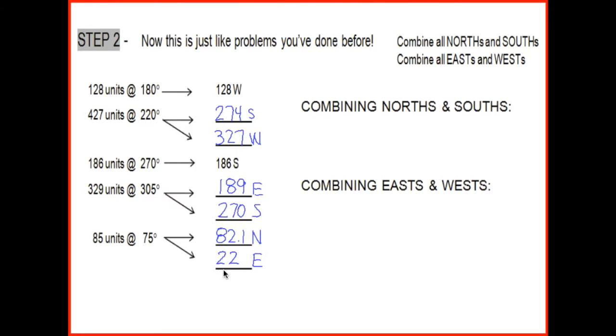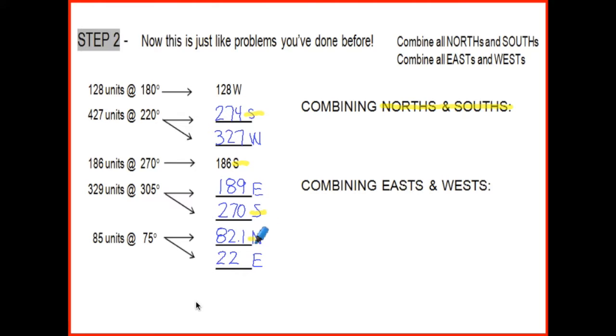So now we have this whole list, and we just combine the norths and souths and the east and west and put them together to find one resultant. So now it's just like the other thing that you did in your quiz, except there's a lot more vectors. Since there's a couple of each of them, usually what I do is just say like north is positive and south is negative, add them all up, and if the answer turns out positive, it's north. If the answer turns out negative, it's south.